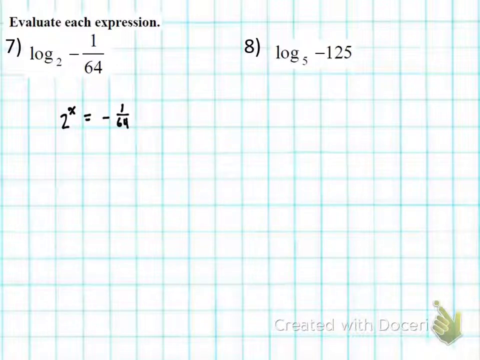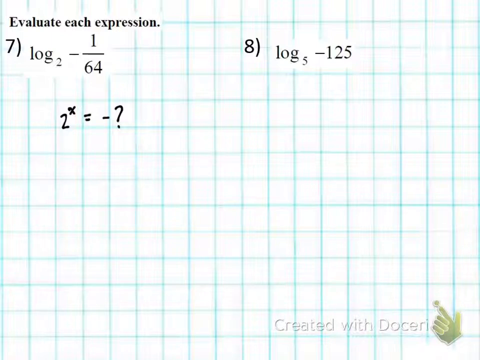Now let's think conceptually. Let's pretend that there was no 1/64th, but it just said negative any number. 2 to what power is ever going to equal a negative number? What's 2 to the first? 2 to the second? 2 to the third? Is it ever going to turn into a negative?